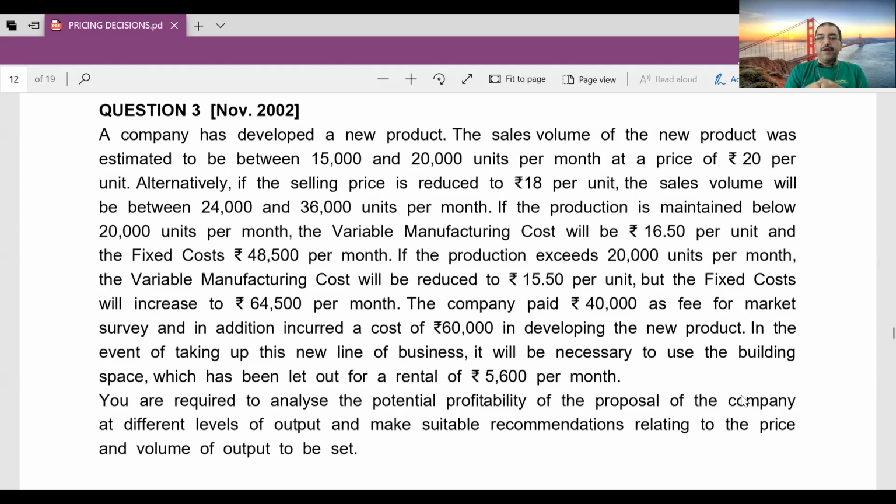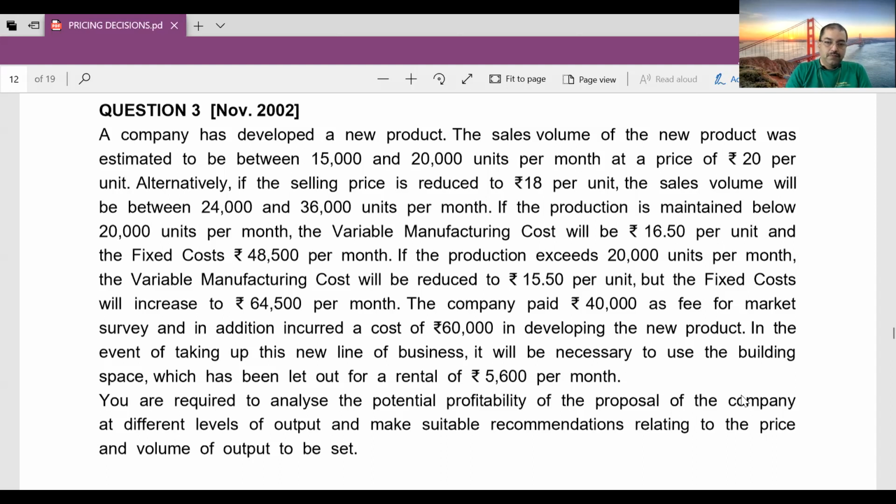The company has paid 40,000 as fees for market survey and in addition incurred a cost of 60,000 in developing the new product. In the event of taking up this new line of business, it will be necessary to use the building space which has been let out for a rental of 5,600 per month.